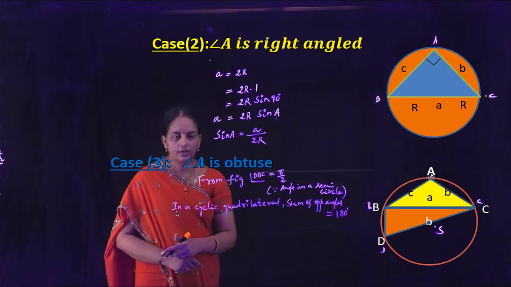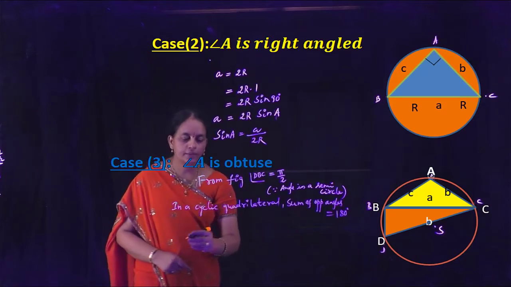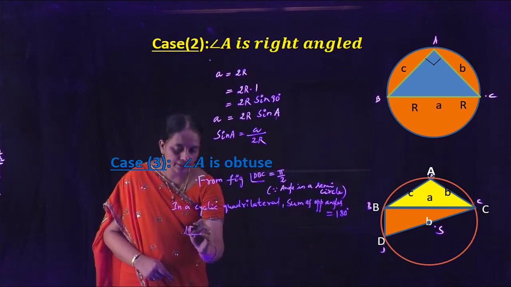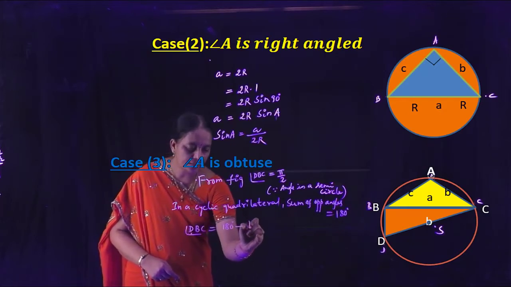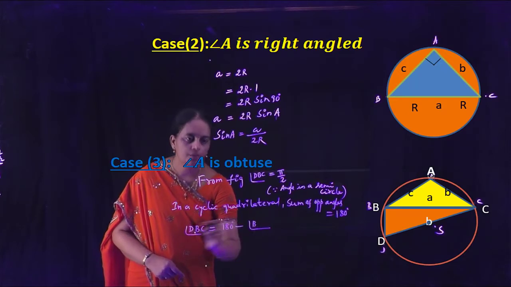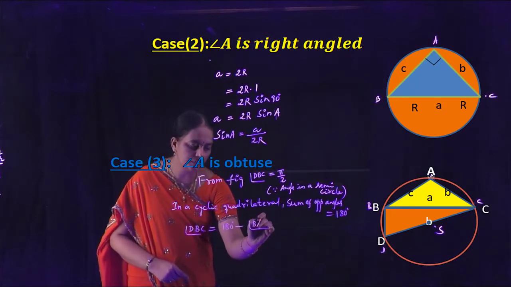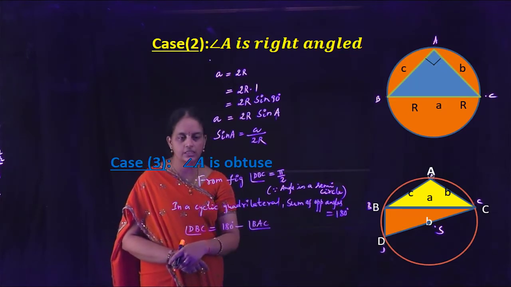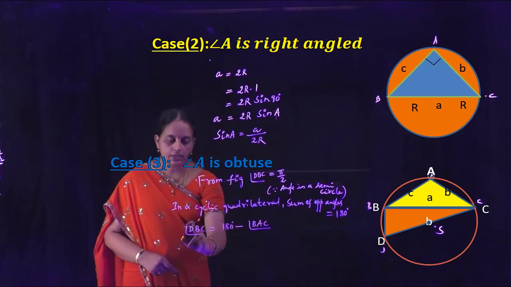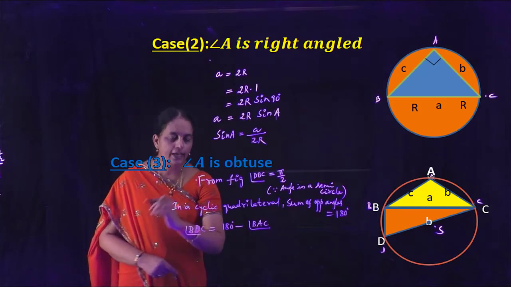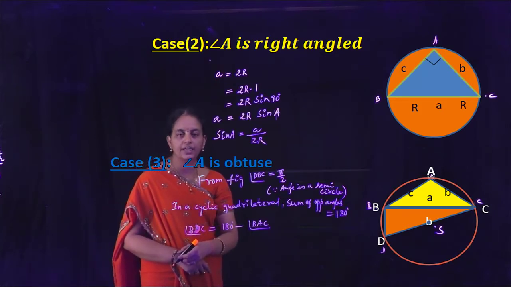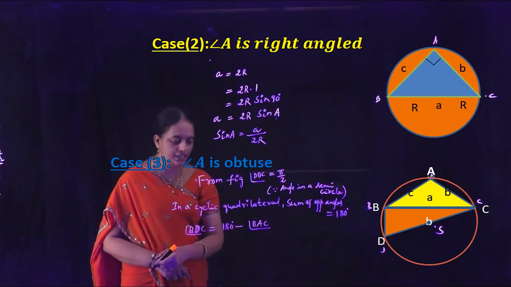That's why we can write angle DBC is equal to 180 minus angle BAC, and angle BDC is equal to 180 minus angle BAC.